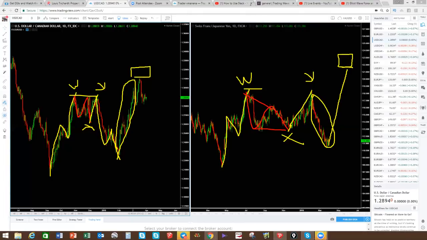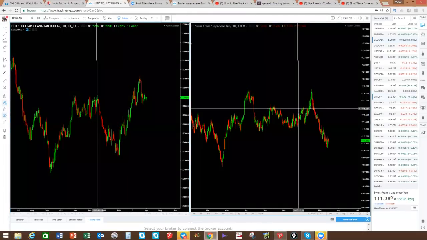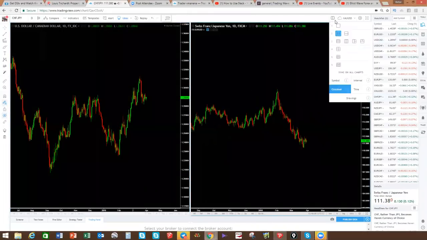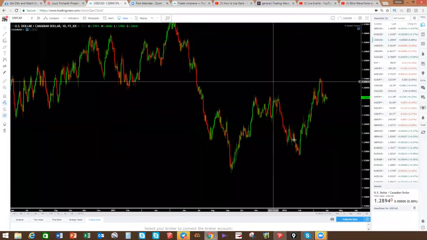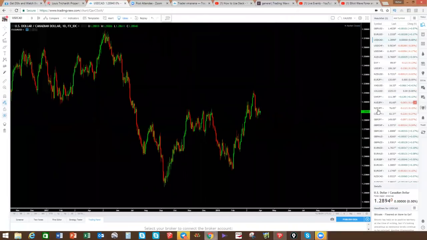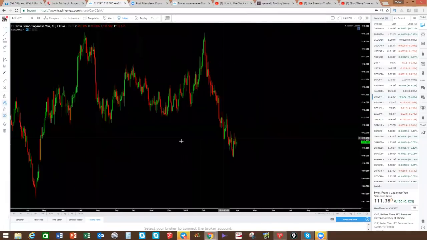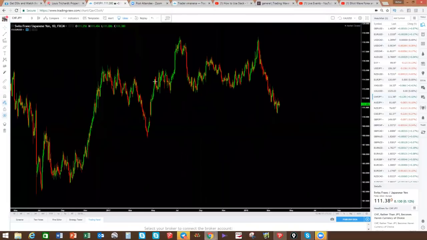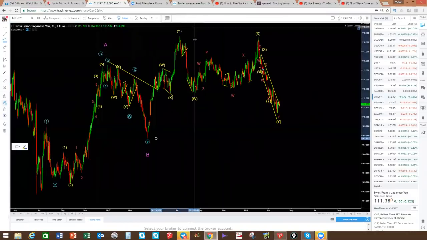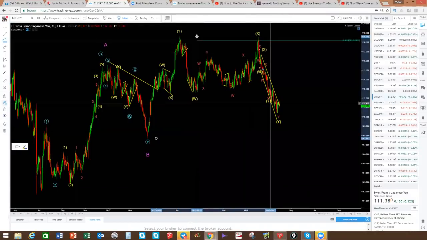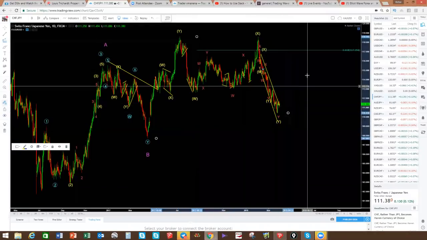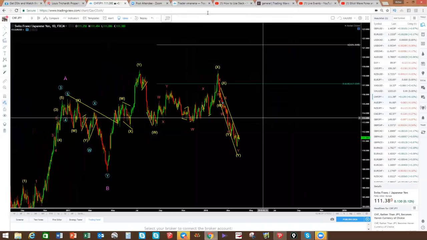If the current area is the reversal, I'm going to go back now to one chart and just look at the CHFJPY. If the current area is the reversal, then we'll be looking for a move up to that level.